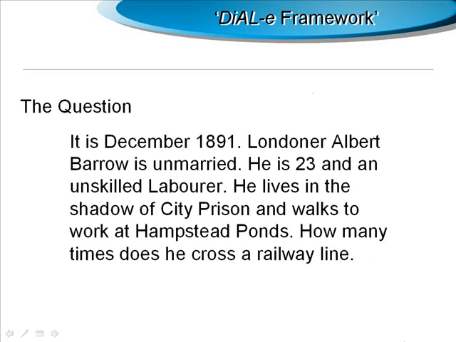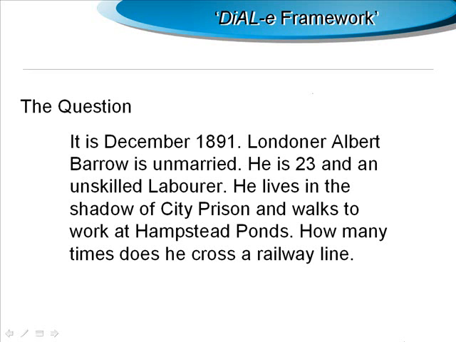As an example, a very simple example, I would pose this question of students before pointing them at all of the resources that we've been discussing. There's a suggestion that this takes place in December 1891. We've identified that Albert Barrow is a Londoner. We've identified that he's unmarried. We've identified that he's 23 and unskilled.